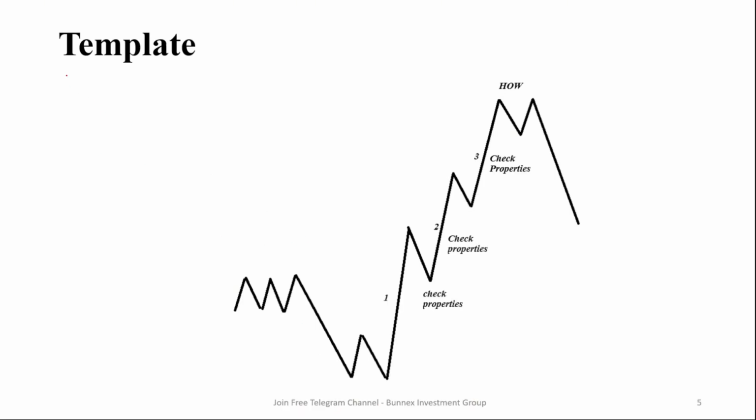Basically, the template that we are going to be following is this weekly cycle template. I understand that you may have seen this or tried to use levels counting but found it subjective as well as difficult. But the properties that I'm going to define for each and every level are going to simplify how you view level 1, level 2, level 3 to reach the high of day, or the high of week, or the low of week.